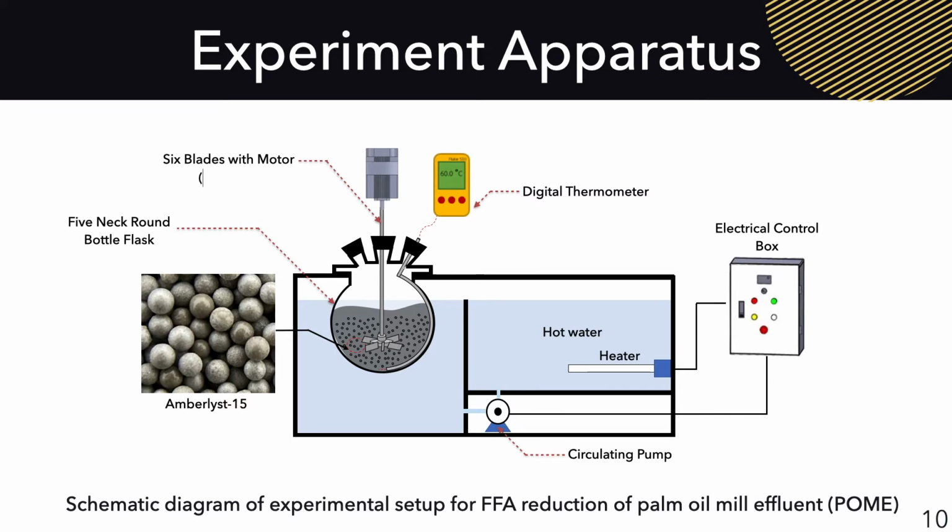For the beginning of the procedure, the methanol was gently filled into the glass-bottom reactor at a 12:1 molar ratio of methanol to oil, and the mixture was maintained until its temperature reached 60 degrees Celsius. The Amberlyst 15 catalyst was immediately added into the flask to accelerate the esterification reaction, and the reaction time was counted immediately to begin the esterification process.